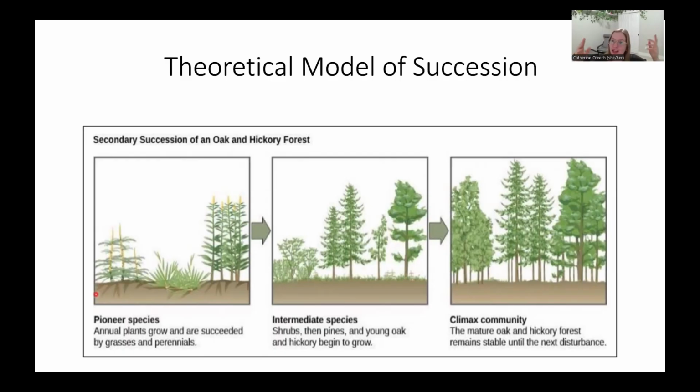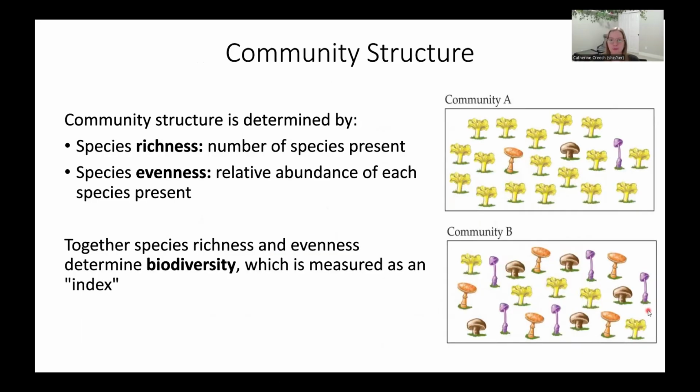Their bodies are going to die. They're going to get decomposed. They're going to return nutrients. Those nutrients are going to allow bigger plants to move in. You're going to get shrubs, small trees. That means birds and bugs and rodents, and everybody can move back to the habitat until you have your climax community. So what is the process? Pioneer, intermediate, climax. Now that you have a climax community, it can be in a state of equilibrium.